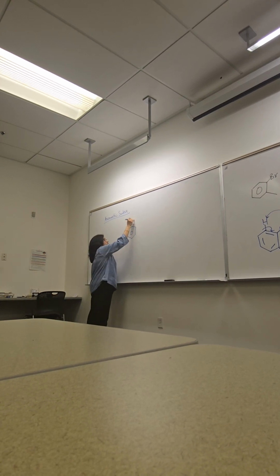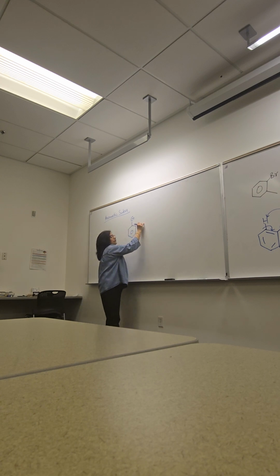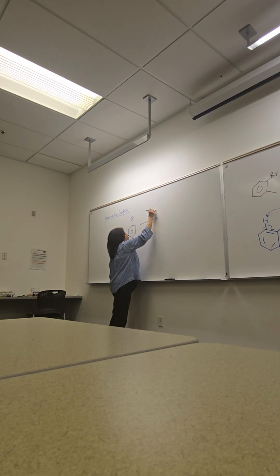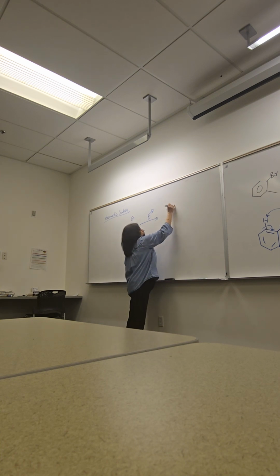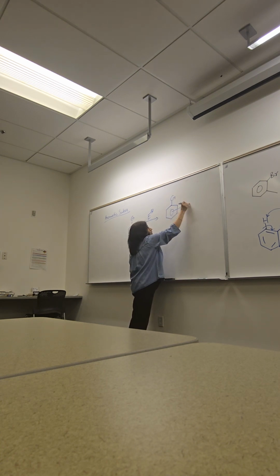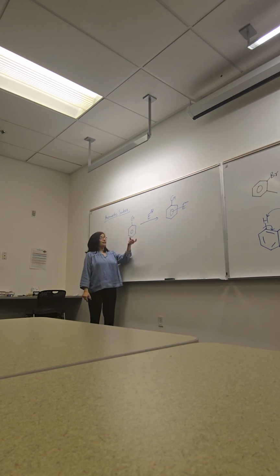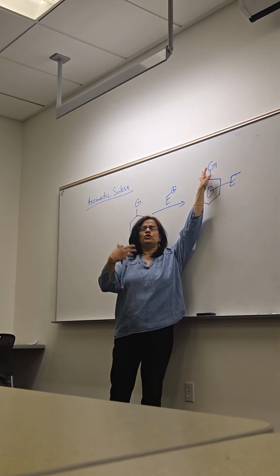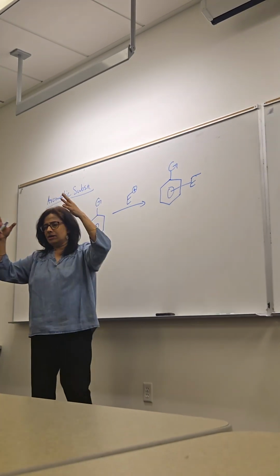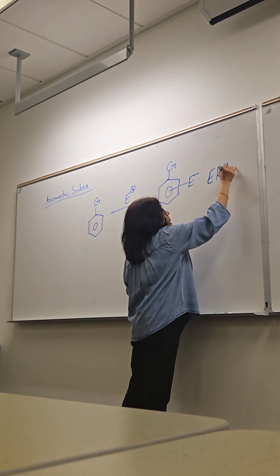If there is some group on the benzene, if we react with an electrophile, one of the hydrogens is substituted by the electrophile. Isn't that right? And of course, you'll either get ortho, para, or meta, depending on what the G is. Is it an ortho, para director or meta director? That is electrophilic aromatic substitution.